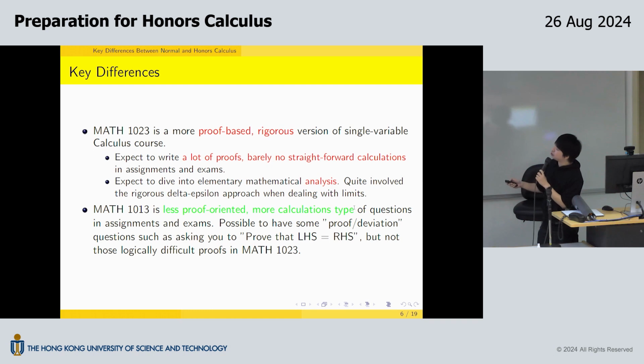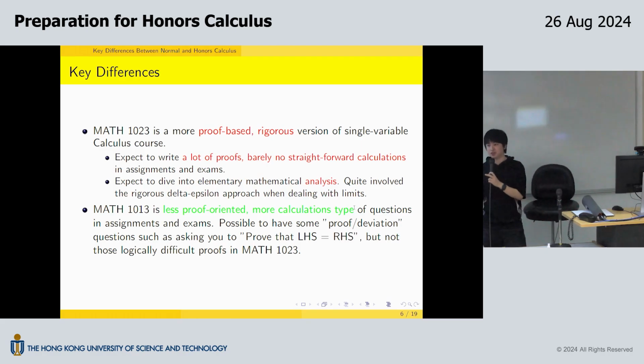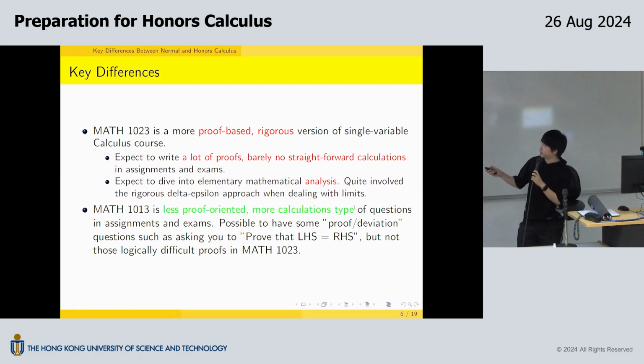Although in the normal version, it is possible to have some proof and derivation questions, such as asking you to prove that the left-hand side equals the right-hand side. For example, you may have encountered similar questions, like proving some trigonometric identities in high school.